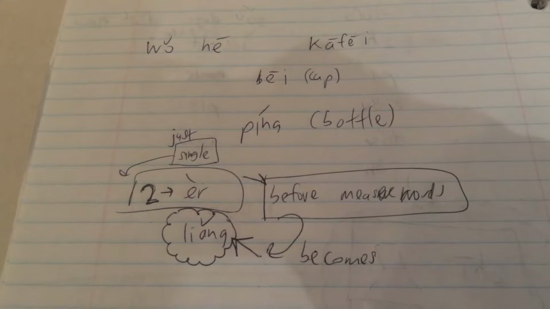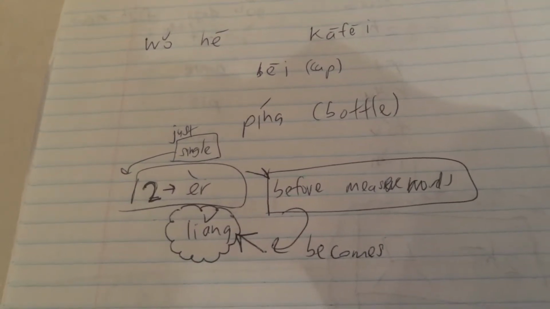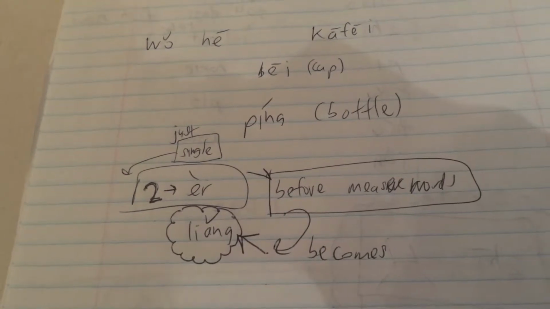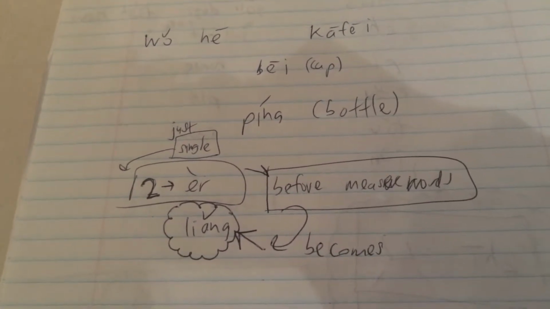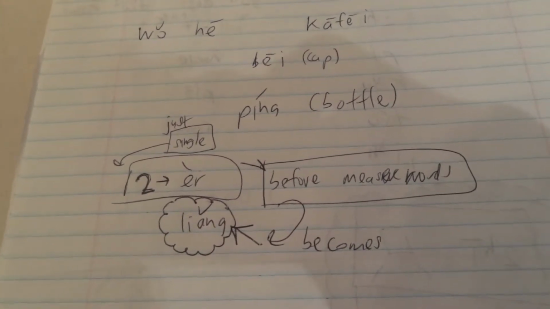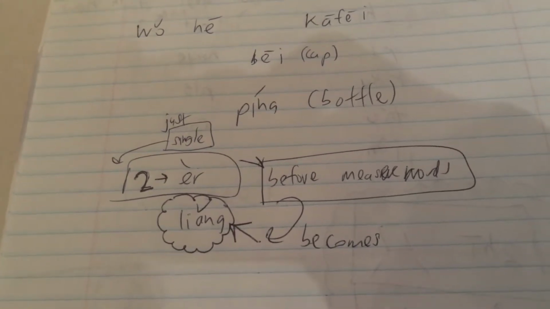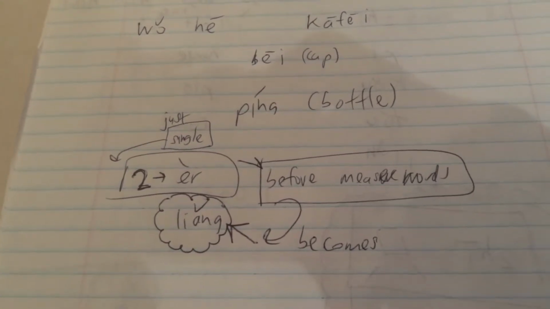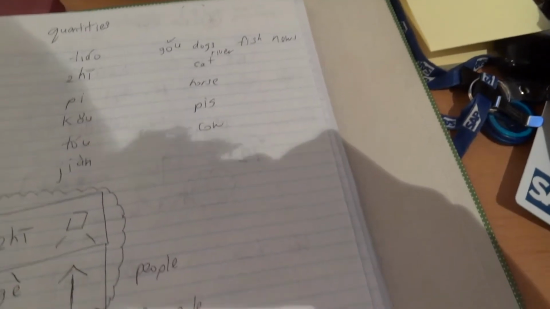If you're talking about measure words and you're using the number 2, the number 2 before a measure word is actually liang instead of r. So you would say liang ge, and then some kind of person word, like liang ge person.